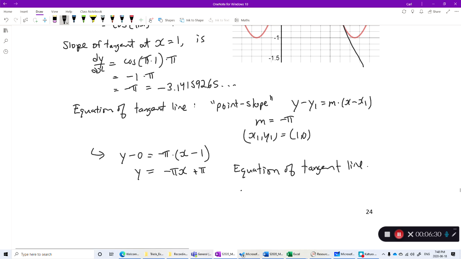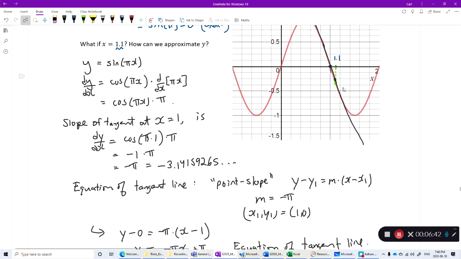So here comes the approximation. The linear approximation is that sine of pi times 1.1, which is that green value there. The coordinates of this point would be 1.1 comma sine of pi times 1.1.